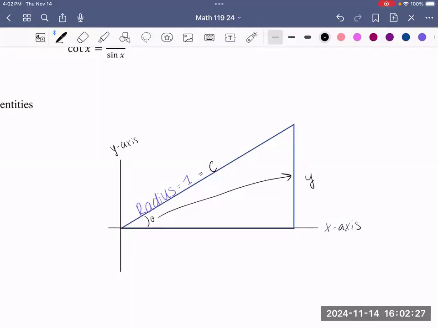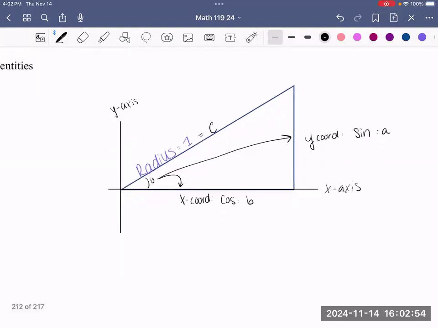So this is your y coordinate, being your sine value. And as far as your Pythagorean identity goes, this is also your a. And your adjacent would be your x coordinate, this being your cosine value, and cosine can be represented as b.